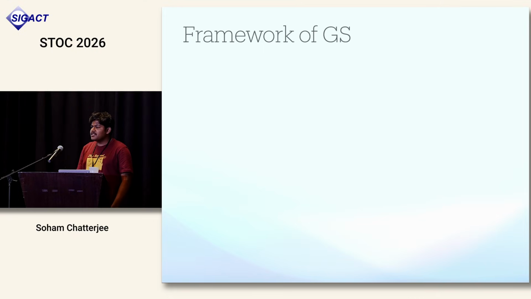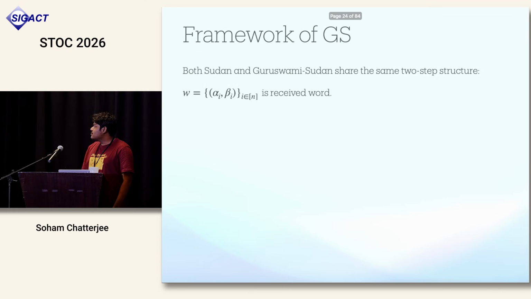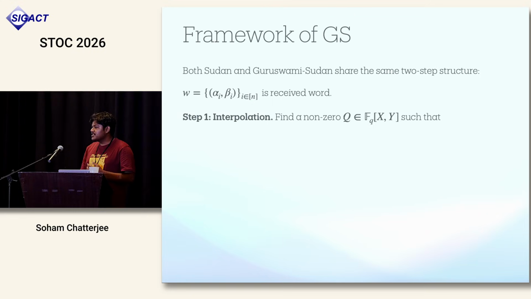Both algorithms share a similar approach. Suppose W is the received word, where alpha i are the distinct points where you evaluated the polynomials, and beta i are the received values. Some of the beta i are noisy, they got corrupted, some of them are not. The first step is interpolation, where you construct a bivariate polynomial Q with some constraints.